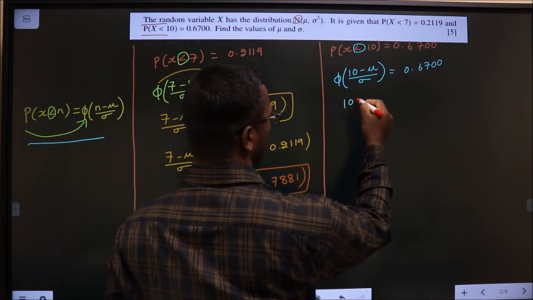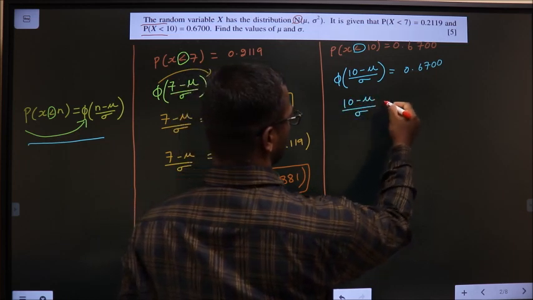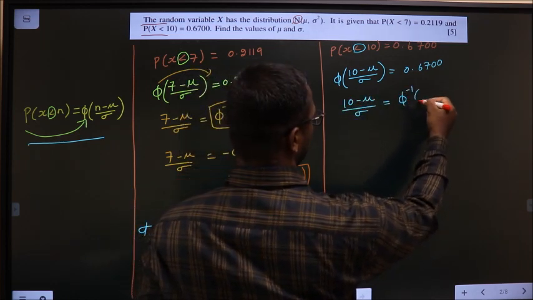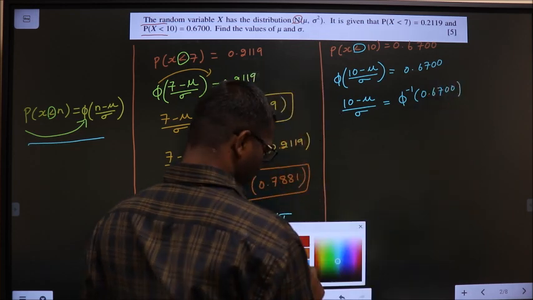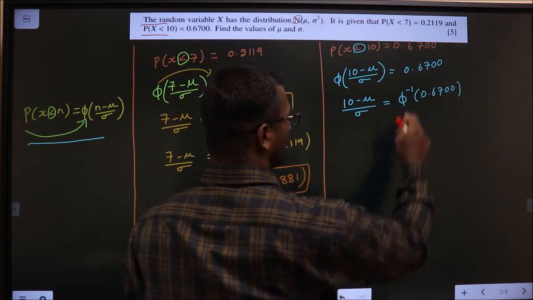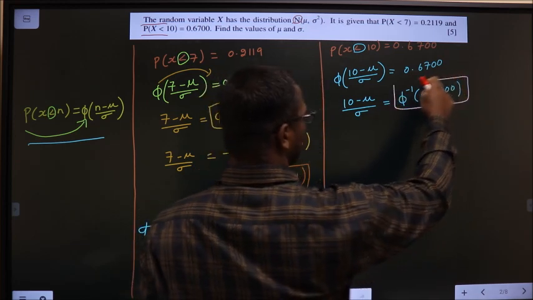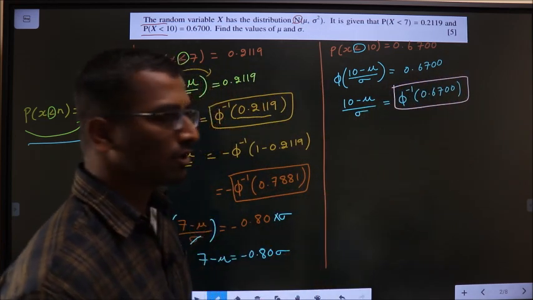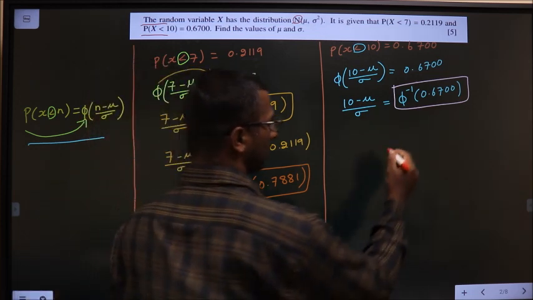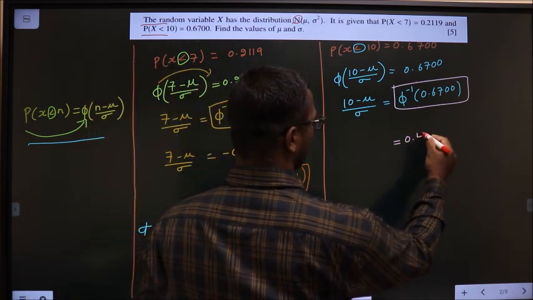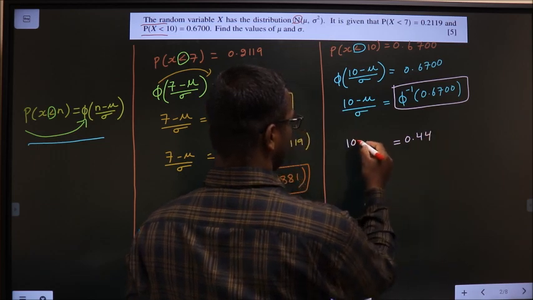It will become phi inverse of 0.6700. This value you will get from the normal distribution table and you should get it to be 0.44, and this side no change.